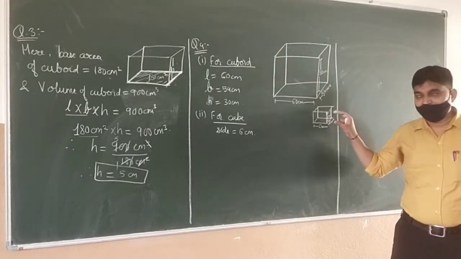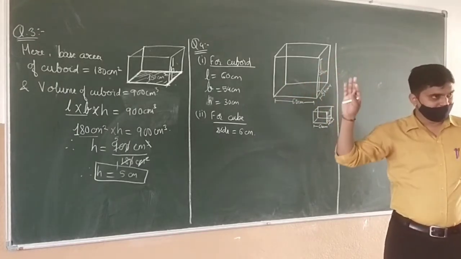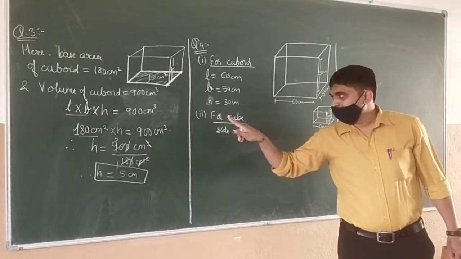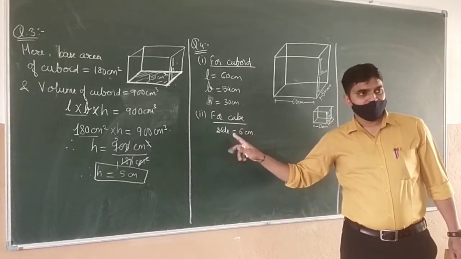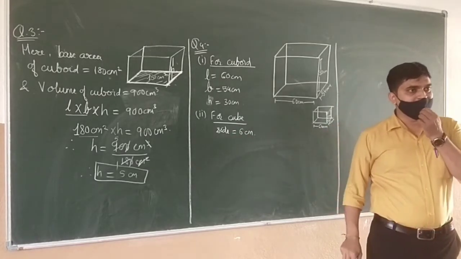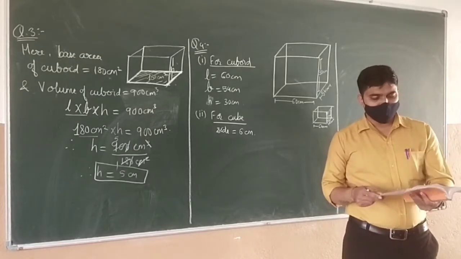The small cubes have to be placed inside this one by one, 1 2 3 4 5 6, we will see how many fit, right? What is the side of that cube? It is 6 centimeter, and you know cube has all the sides of equal length. Understood? What you are supposed to find?